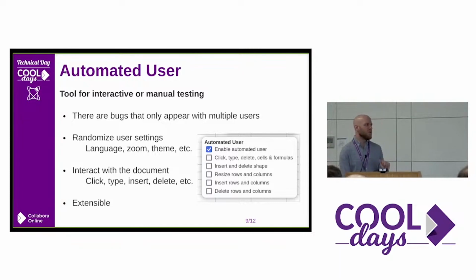It'll randomize user settings and then simulate a bunch of button clicks or other interactions in a document. And it's extensible. I would love to see more sample interactions added in the future.